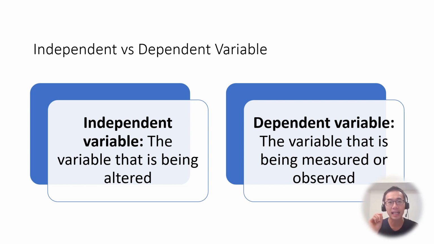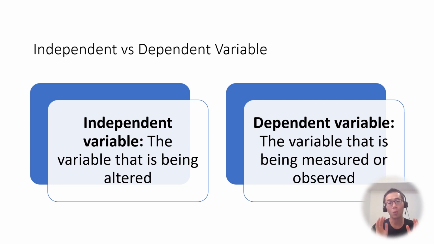So that's the independent variable, the type of diet. The dependent variable is the one that you are trying to observe, that you're trying to measure. In this case, after feeding the cows with regular or high protein diet, you want to measure how much milk they produce. So the milk yield is the dependent variable.